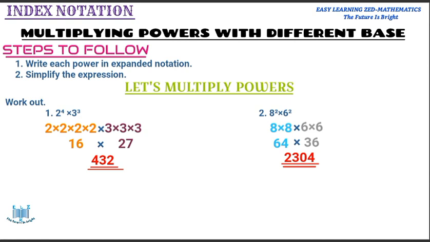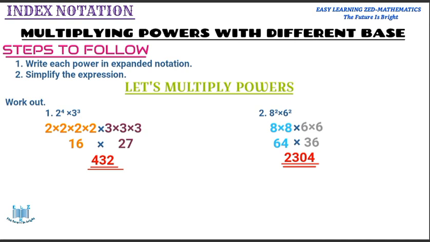Now in some instances they will ask you to leave your answer in index notation. You can write 2304 as a product of prime numbers, and if it has the same prime number repeated, then you are going to express that as an index. But you can also find the square root of this number.